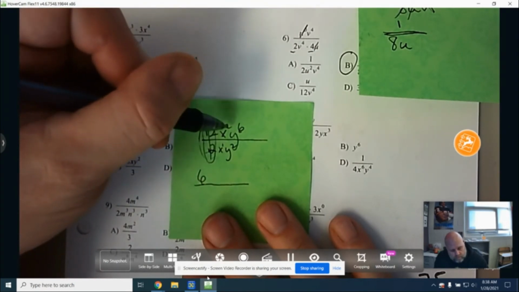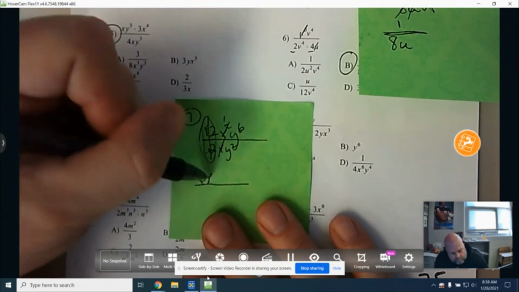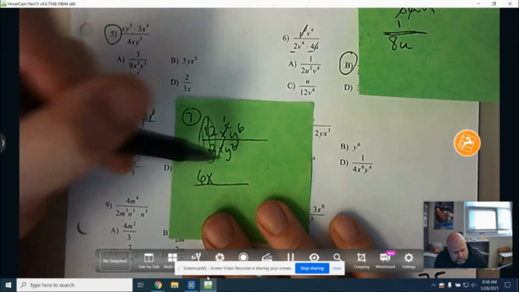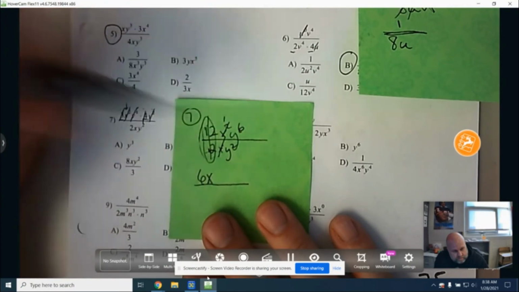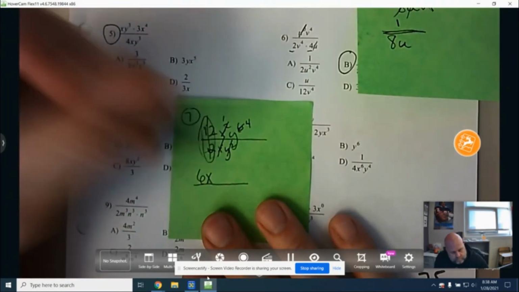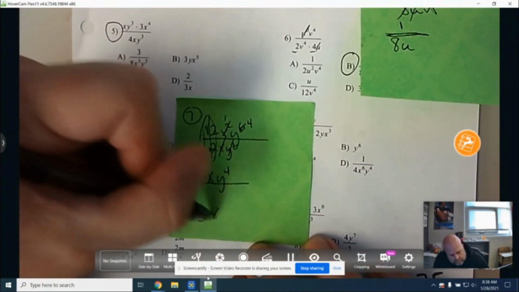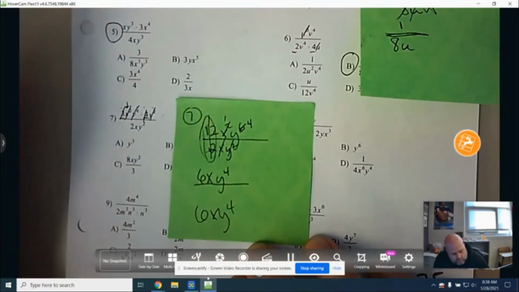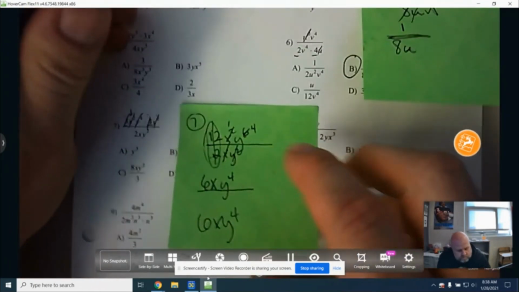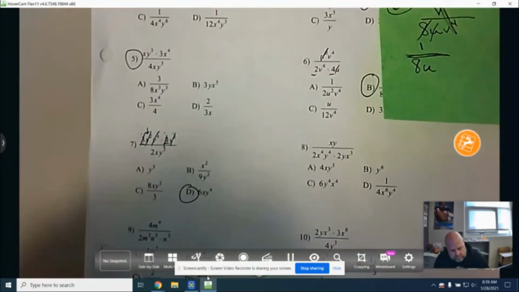So there's 1 more left up top when I cross those out. So that's gone. That leaves you 1 X up top. And then my Y's, 2 on the bottom, but 6 up top. So if I took those away, that leaves you with 4 up top. So my answer, when I clean all that up, is 6xy to the 4th power. Okay, 6xy to the 4th power, which is letter D.